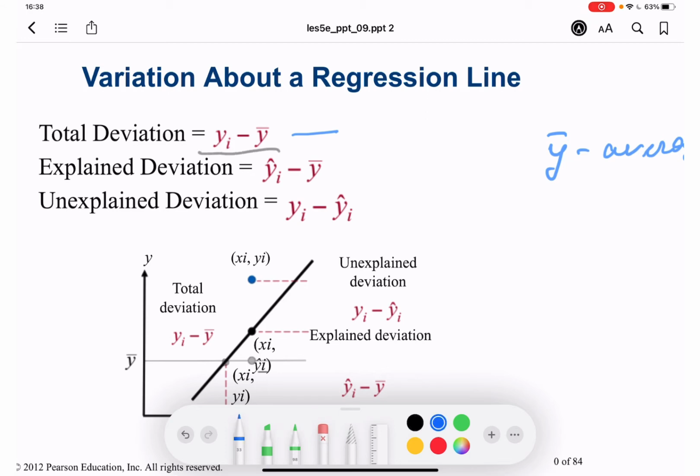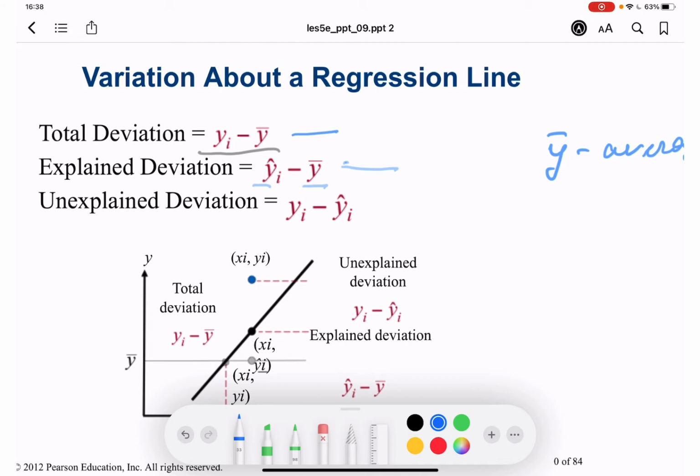Now, if we take predicted y value and predicted minus average y value, that's going to be our explained deviation. So predicted, and what average is now, the difference between them is going to give us explained deviation.